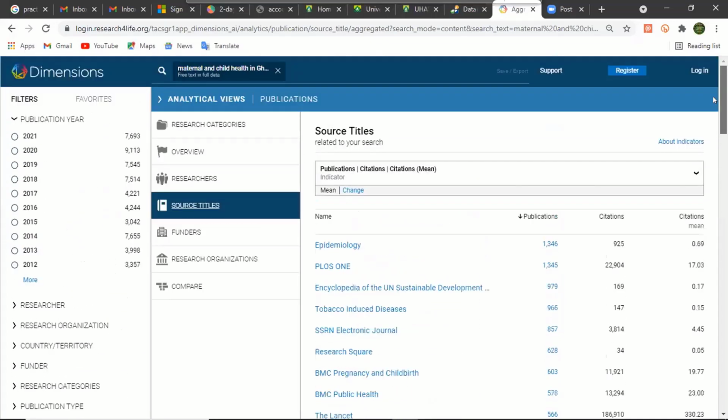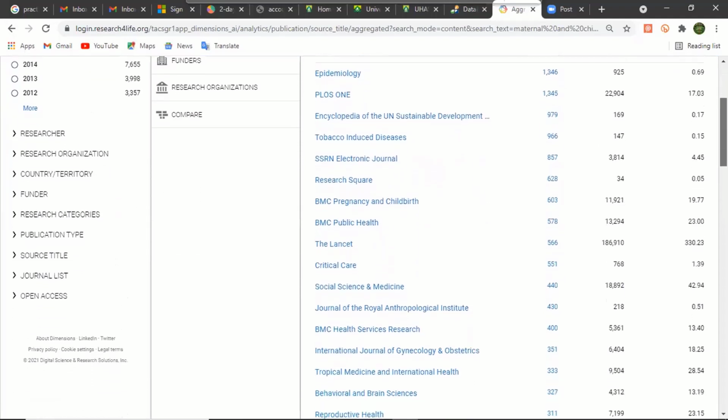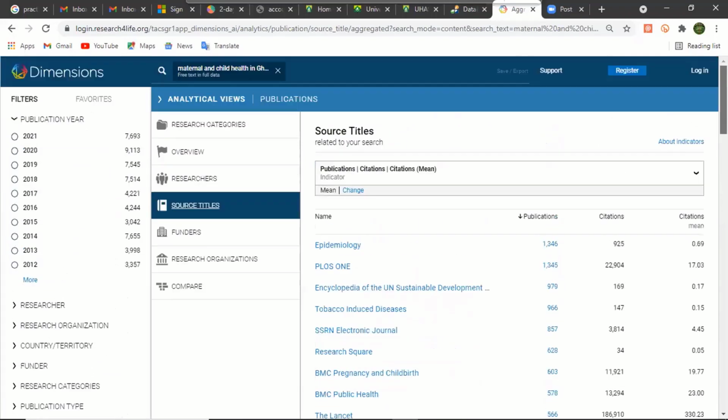You can come into Dimensions, put in your research topic, or your subject area or field where you are doing your research, and then look at the source titles for the most prolific publications. You see that it is easier to select where you must publish from this source.